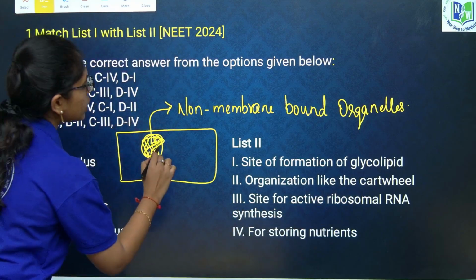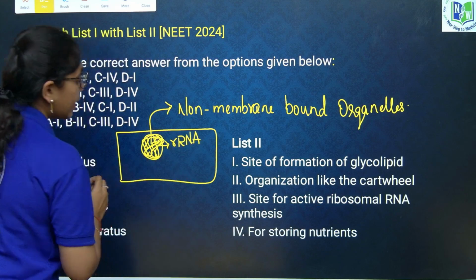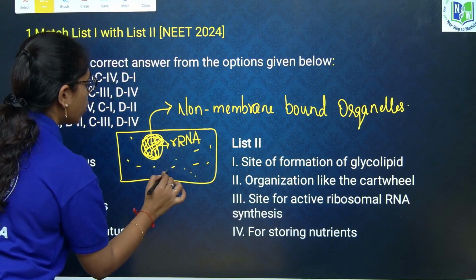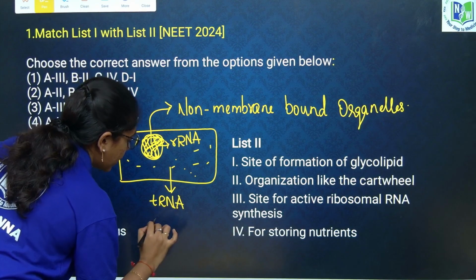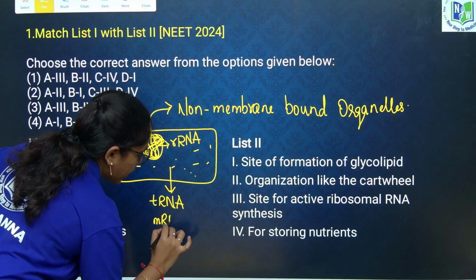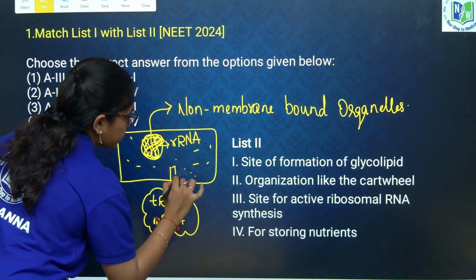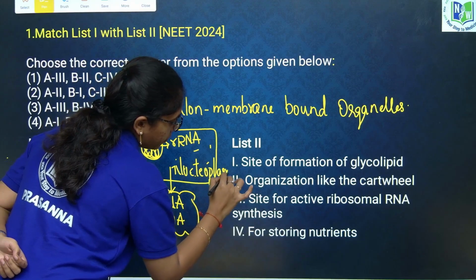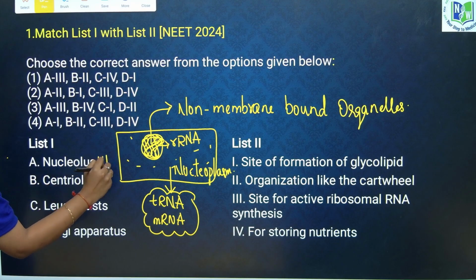This nucleolus will actively synthesize rRNA. tRNA and mRNA are synthesized in the nucleoplasm. Clear? Next. So, A is option 3.